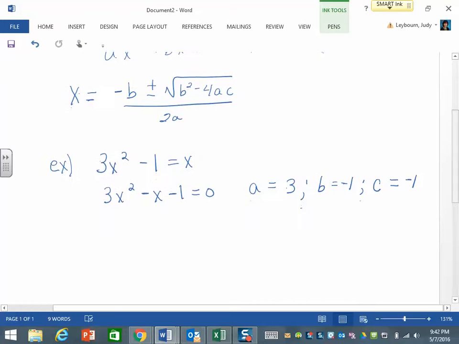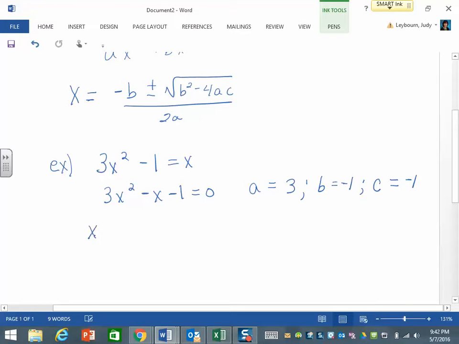Now we could try solving it by factoring or one of the other methods, but in this case there isn't a set of numbers that multiply to negative 3 and add to negative 1. So we could just go ahead and use our formula.